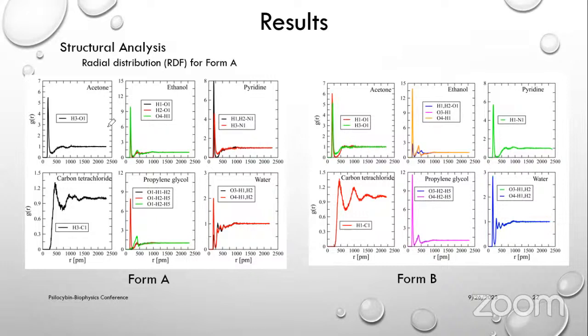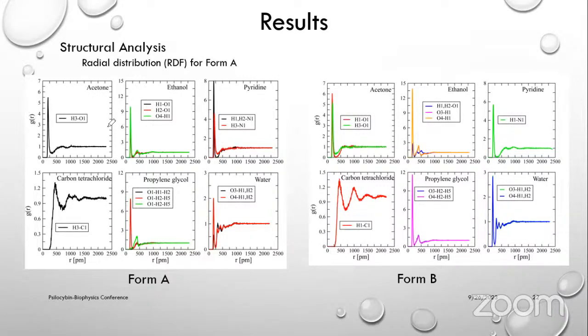from the CMET analysis, it was very important. We observed some of the interacting atoms, like a certain hydrogen interacting with a certain polar group from psilocybin or from the solvent.